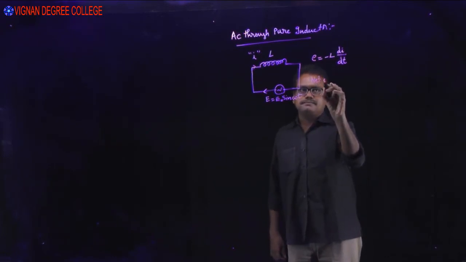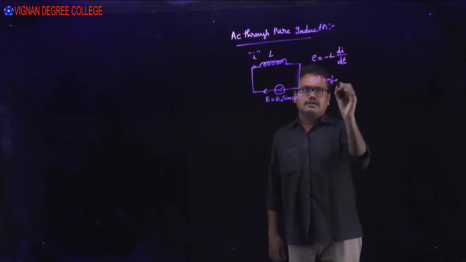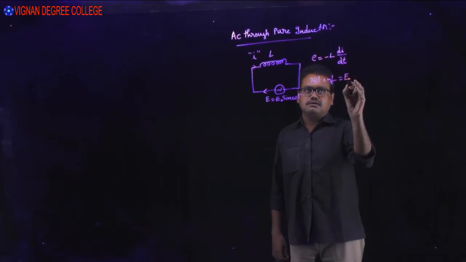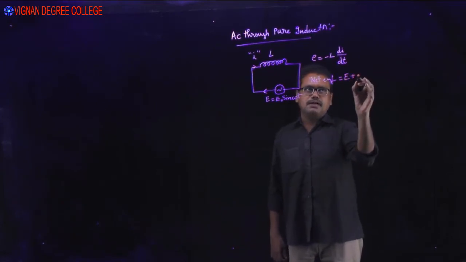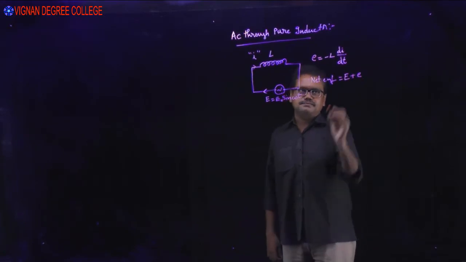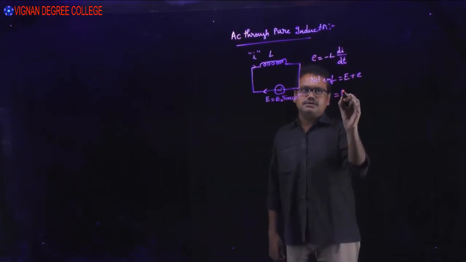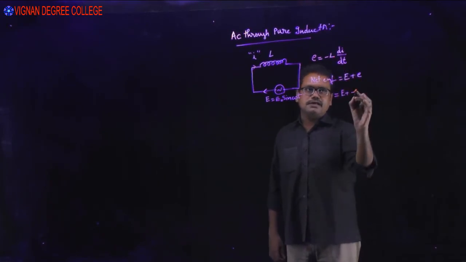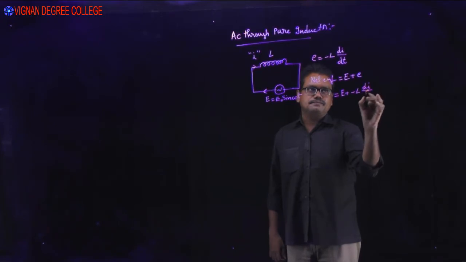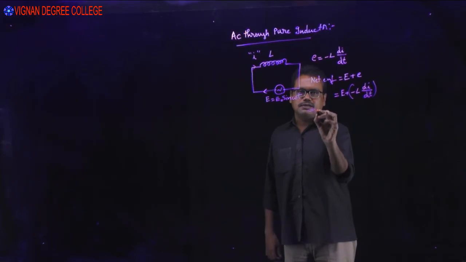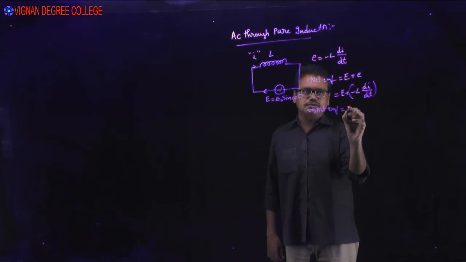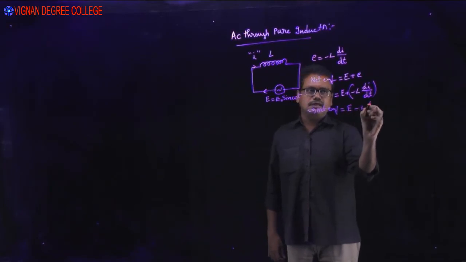Net EMF is equal to applied EMF E plus induced EMF, which is equal to E plus, in place of the induced EMF, minus L di by dt. Implies net EMF is equal to E minus L di by dt.